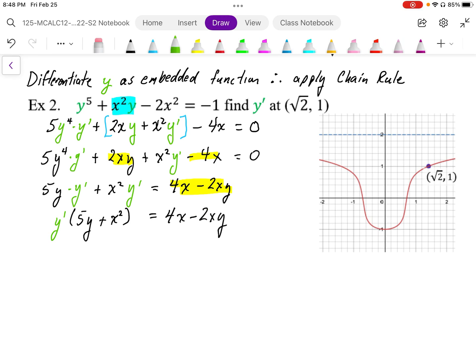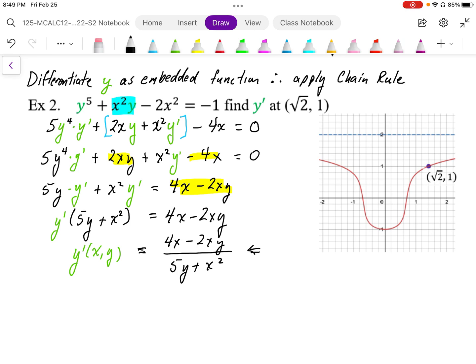So then finally, I just solve for y prime. My y prime, now this becomes a function of x and y. So on the other side, there are x's and y's. So my implicit derivative, I'm just going to finish this off here, 2xy, all divided by 5y plus x squared. Okay, so this is my implicit derivative here.